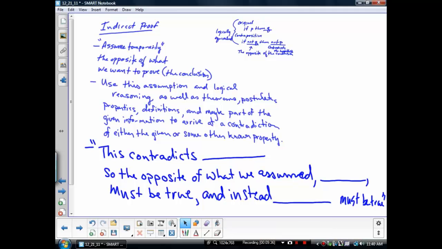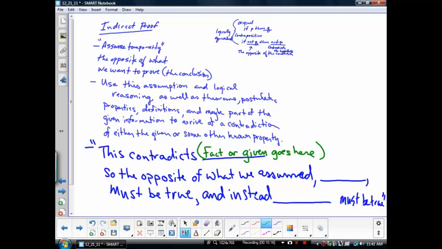So what's going to go in these blank spots? This contradicts, and here you put the fact or given. Yep, this contradicts whatever it contradicts, some type of fact or the given information. Whatever that information is goes in that blank spot.